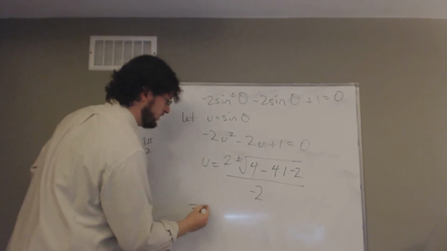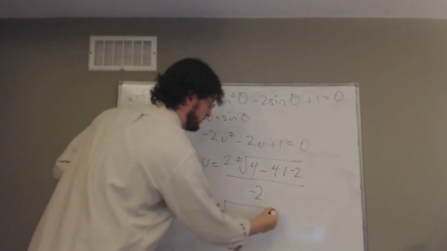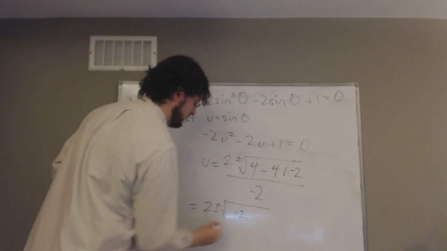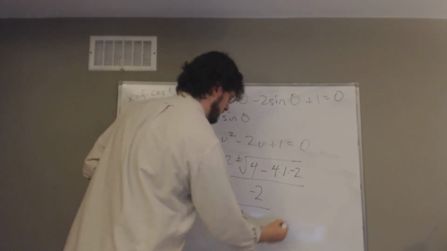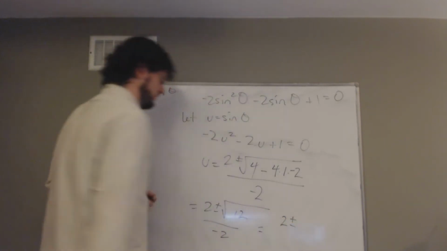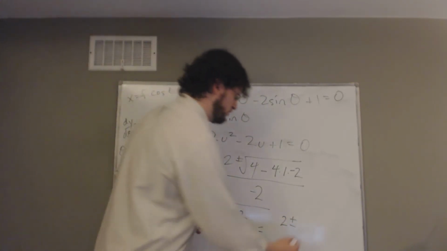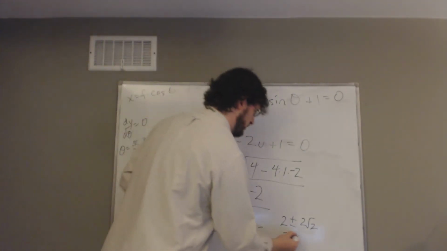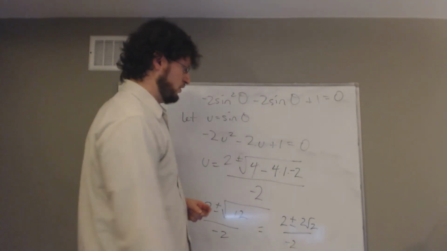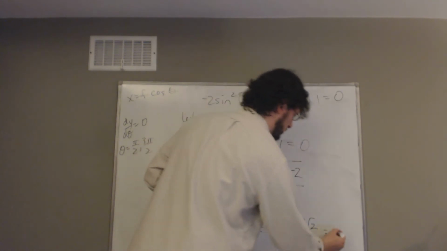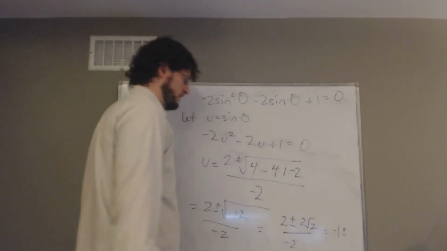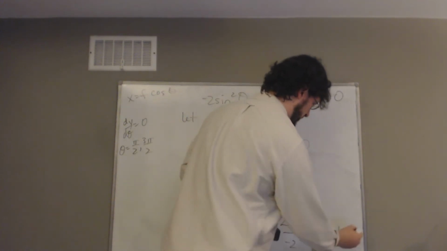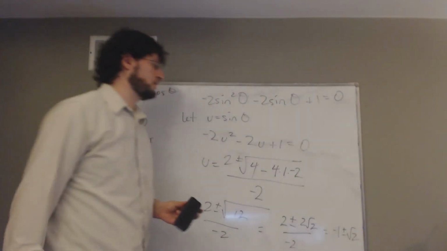And so this gets me 2 plus or minus the square root of 4 plus 8, which is 12, over -2, which is 2 plus or minus, so 12 is 2 root 3, over -2, which is -1 plus or minus the square root of 3.